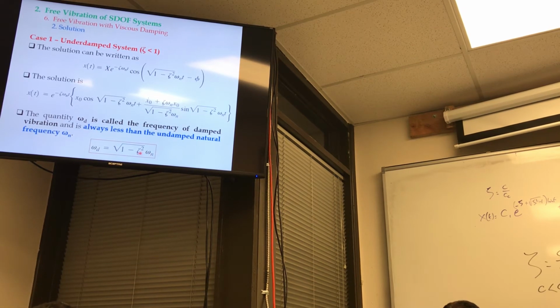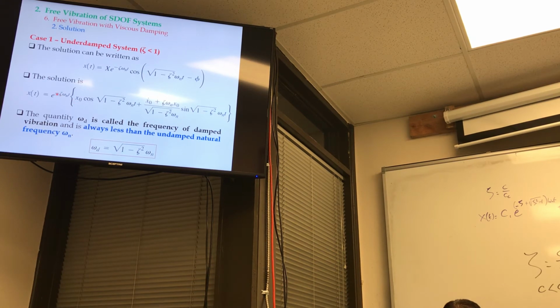And notice when there is no damping at all, what is the value of zeta? If a system does not have any damping at all, what is the value of zeta? Zero. Why? Because zeta is c over Cc, right? Cc is always a characteristic of the system, but if there is no damping, c is equal to 0. That means that zeta is equal to 0.